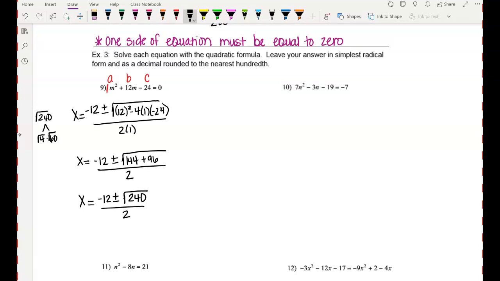Instead of having to go through and find the exact one, I can take that square root of 4 as 2, but then I can do the same thing for 60. 60 divided by 4 is 15, so I could also say, well, this is the square root of 4 times the square root of 15.